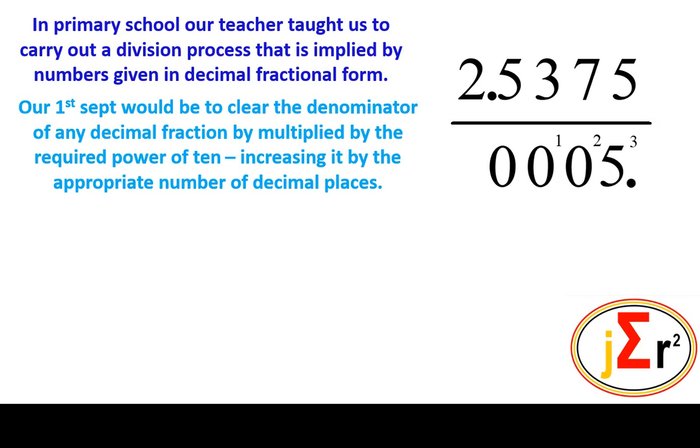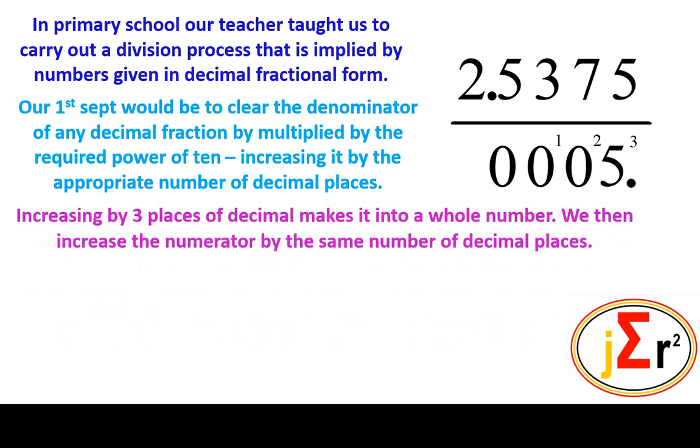When that is accomplished, we will use that as a mark of what we should do to the numerator. If we increase the denominator by 3 places of decimal, we will do the same to the numerator. Increase by 3 places of decimal.